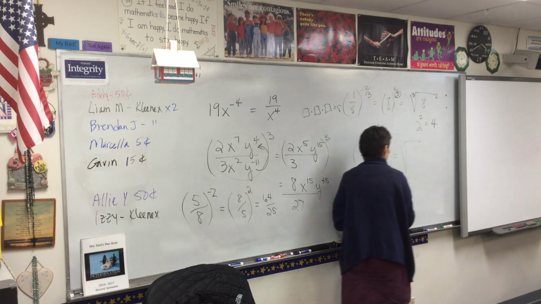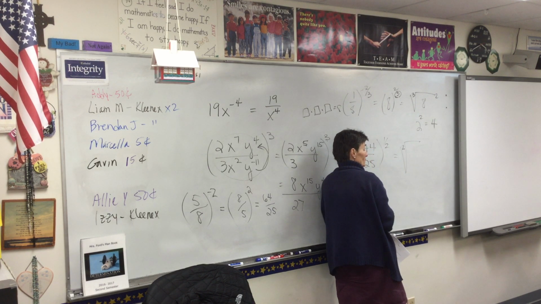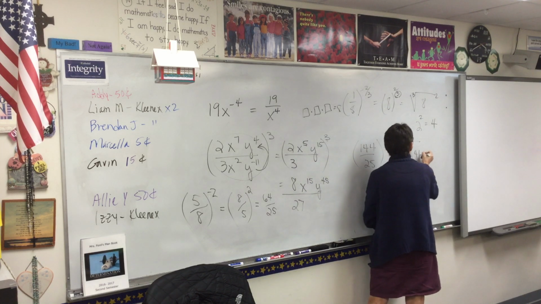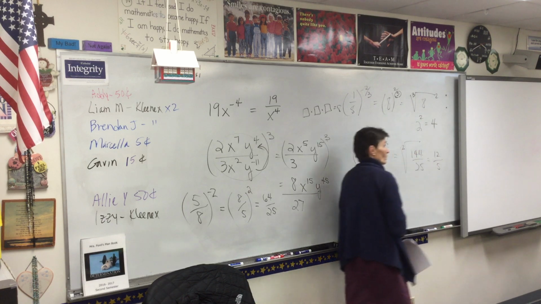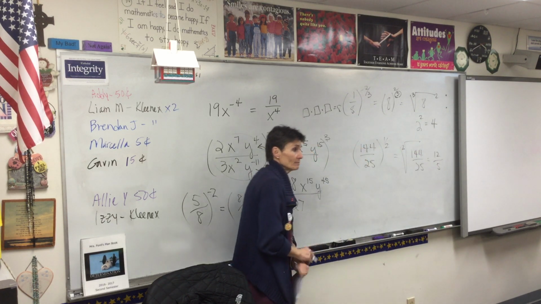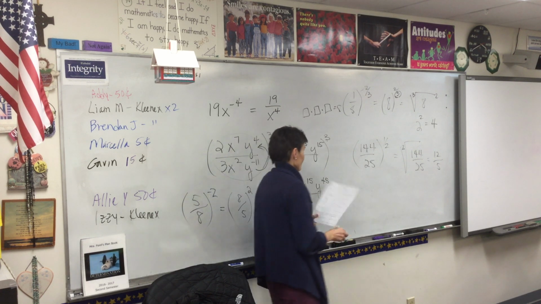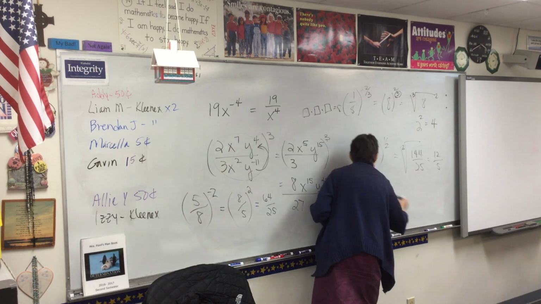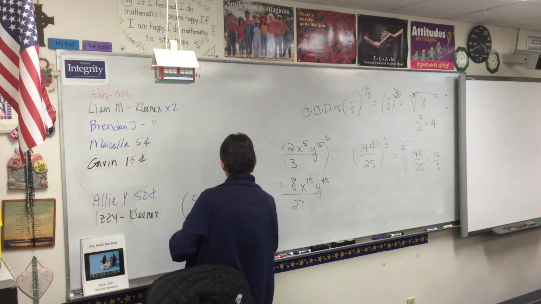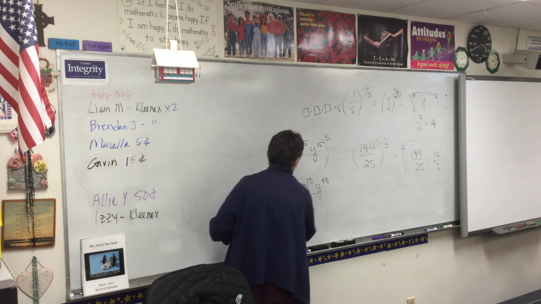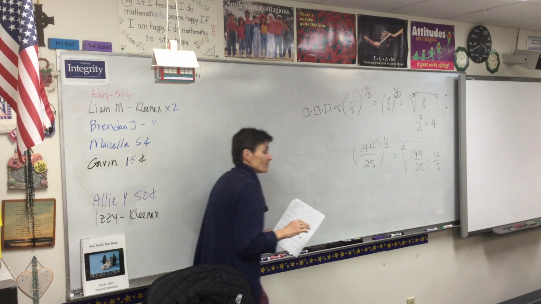Yes, Mikey, you're right, because this is a square root radical, and a square root of 144 is 12, and the square root of 25 is 5. So somewhere on your test, you're going to have a group of exponent problems to simplify. Everybody okay with that section?